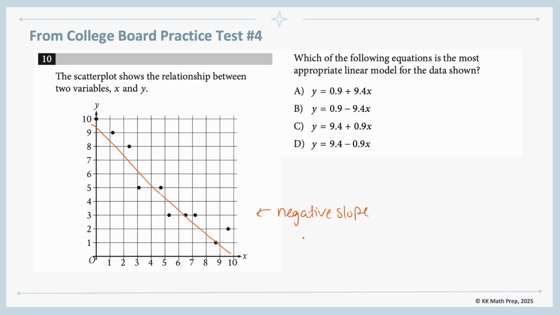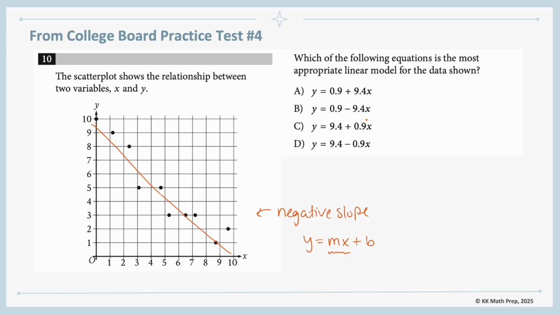Now, if you remember our equations of a line, we typically write them as y equals mx plus b. Be careful when you're looking at the answer choices though. The slope part, the m, which is typically in front of the x, is actually written in the second spot over here. So these are flipped. That's fine because addition is commutative. That's no problem.